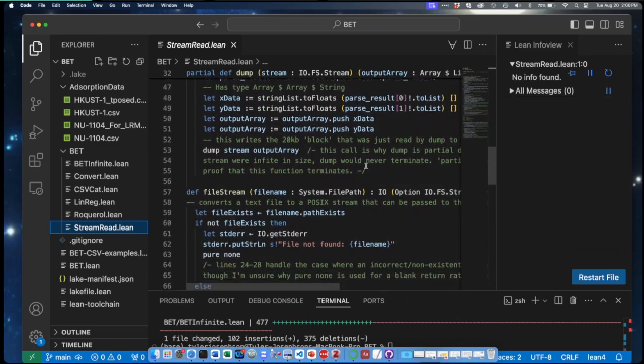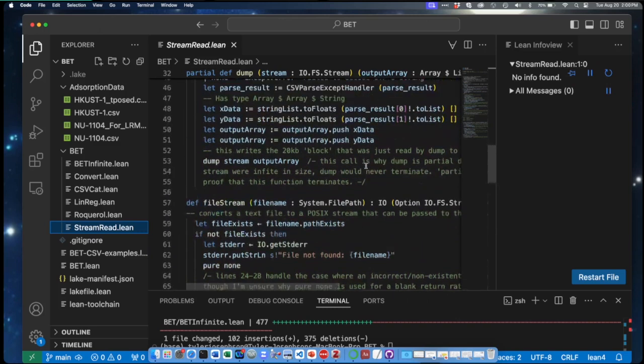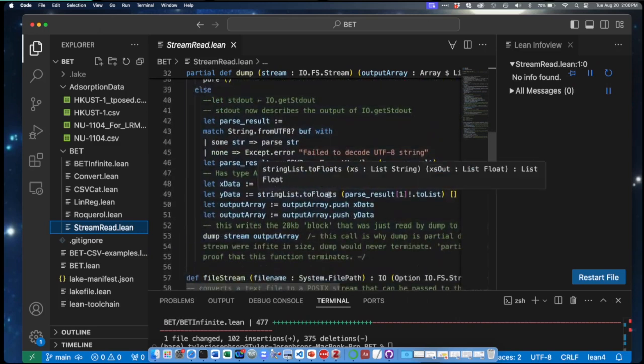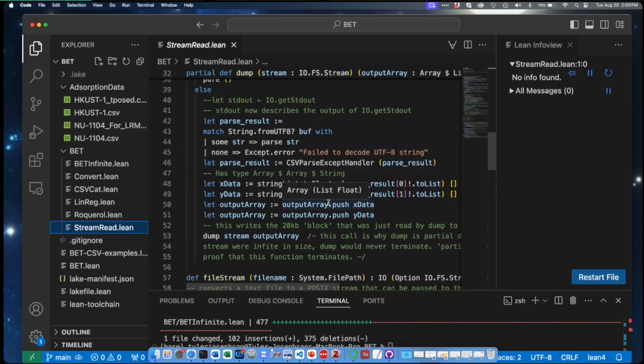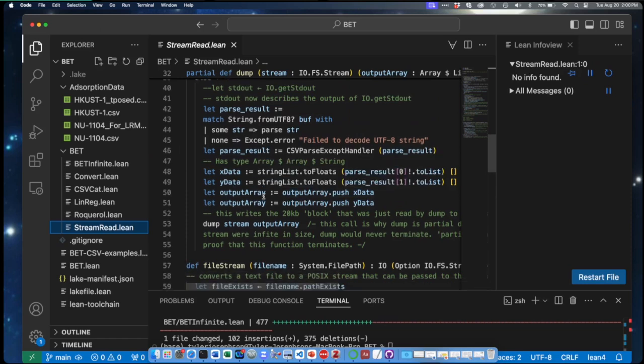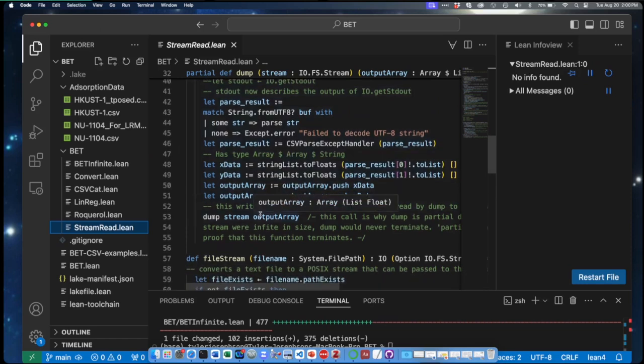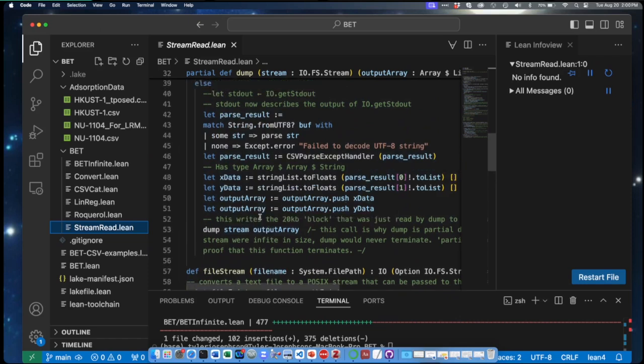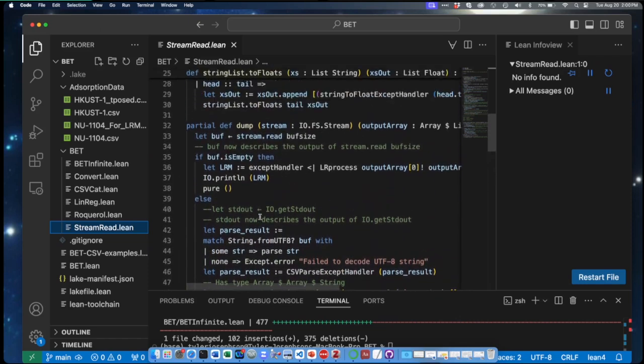We then pull the rest of the array out and apply dump again to the output array. And so this is a recursive function call, and it will run and run until our buffer is empty. And once our buffer is empty, we've gotten to the end of reading our file.